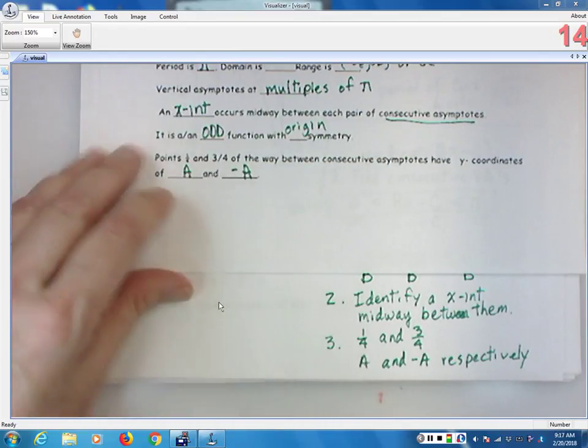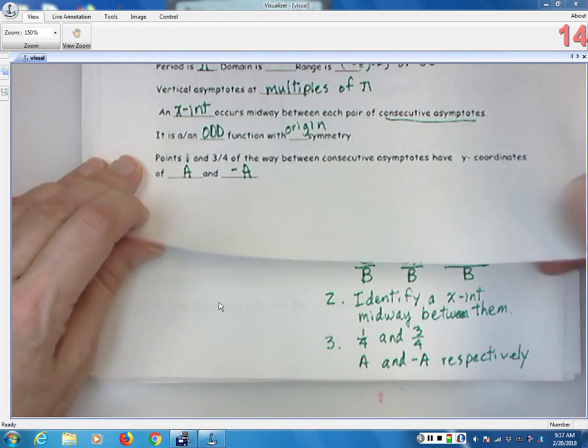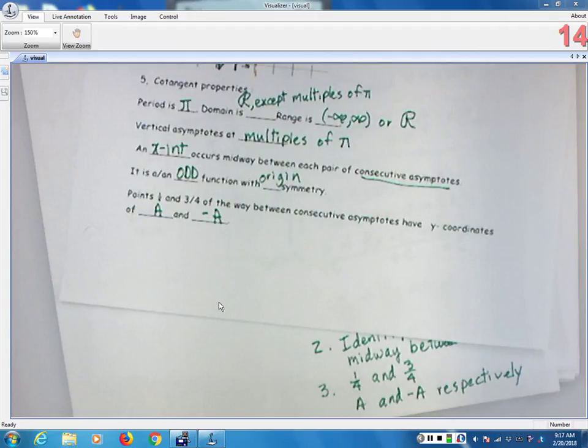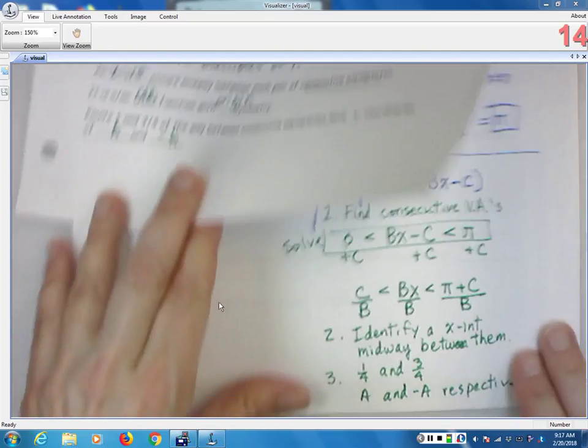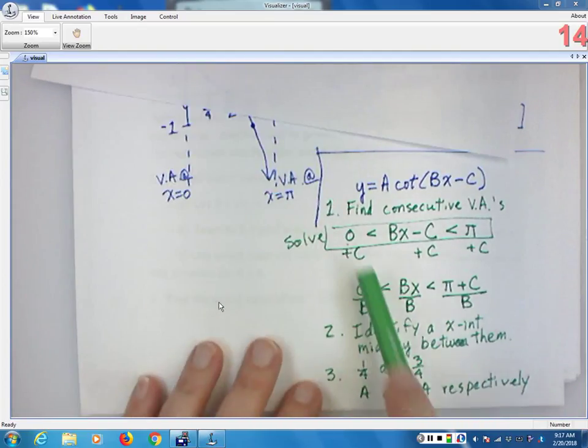So, and then how to graph it, the directions for graphing it, the steps are very similar. Again, you just find 2 consecutive vertical asymptotes, but you change where they are.